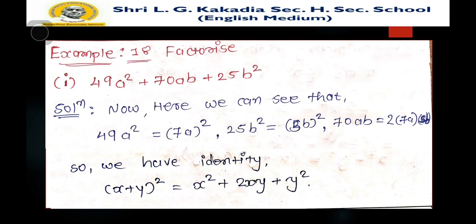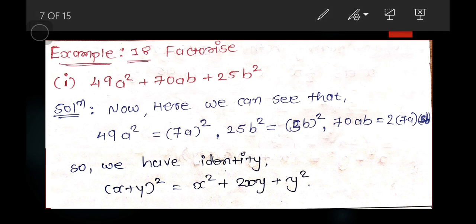Now let us understand example number 18. Here in example number 18, we have to factorize. Here is given a polynomial and we want to factorize it. The first example is 49a square plus 70ab plus 25b square.